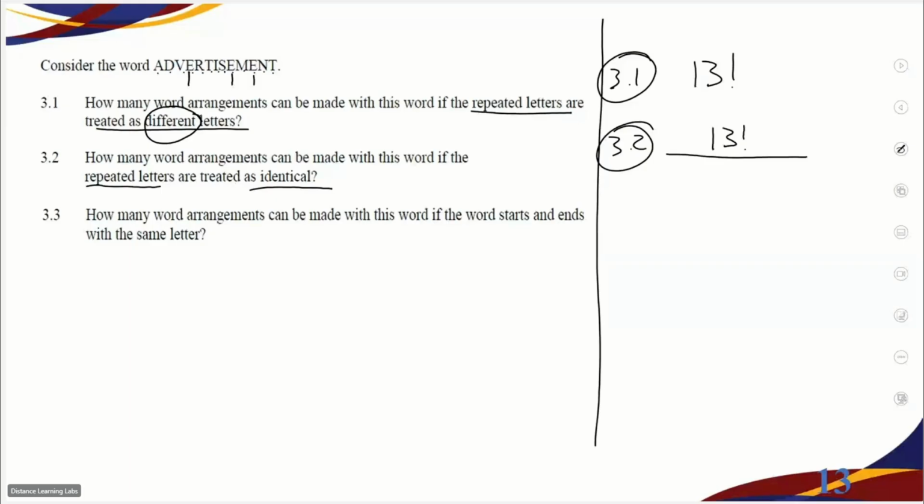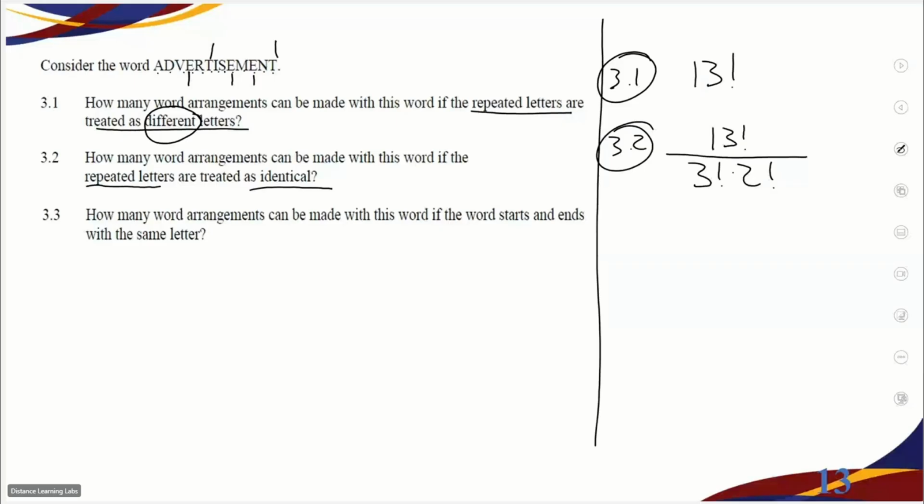Multiplied by, is E the only letter that appears more than once? Advertisement also has letter T. T appears twice, meaning it would be 2 factorial for the letter T. Is there any other letter that appears more than once? No. Meaning our answer would be 13 factorial divided by 3 factorial by 2 factorial. Some answers would be a long sum on your calculator. If it gives you that long number, it's okay. You can leave your answer with factorials as it is.